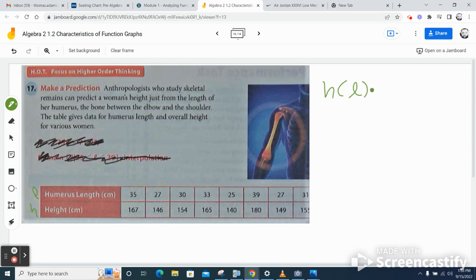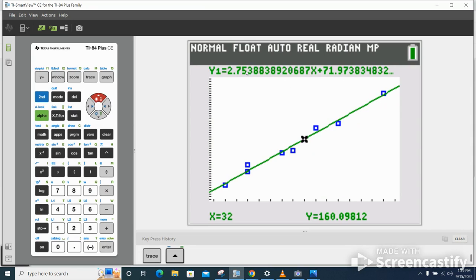So the height as a function of L is about 2.75L plus 71.97. That's about what it was, right? So where is that coming from? If you round all this up or down, right? I think you round down in both cases.